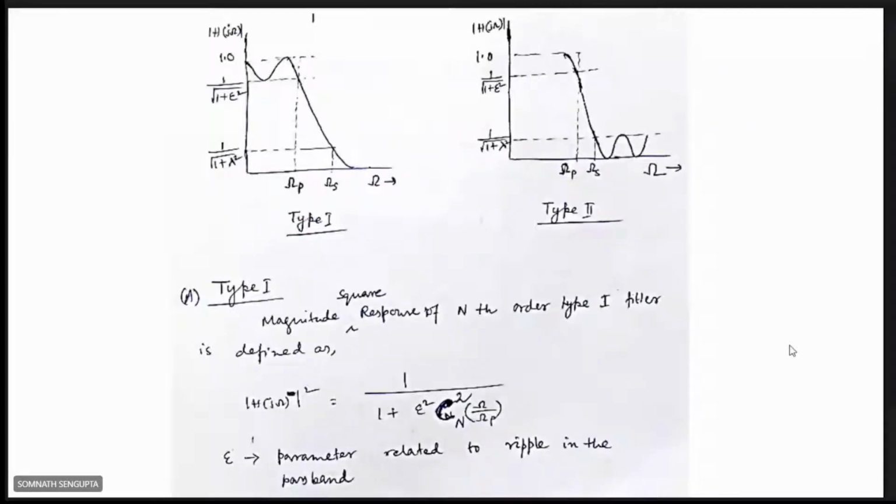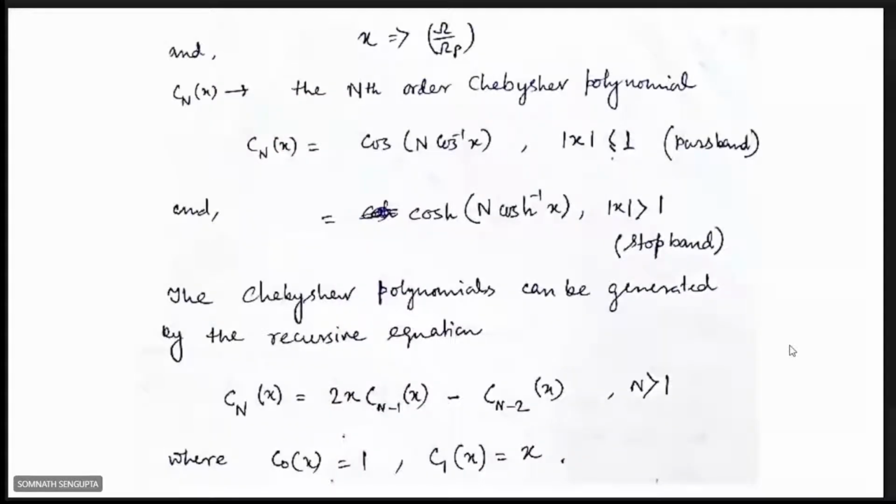So Cn is a function which depends on the variable x, that is x is equal to the ratio of the frequency omega and the passband frequency omega p. So omega by omega p is generally a normalized frequency by the specific passband frequency.